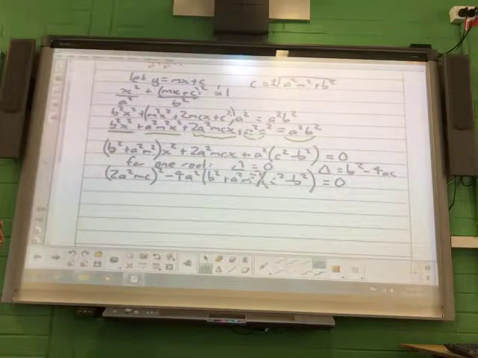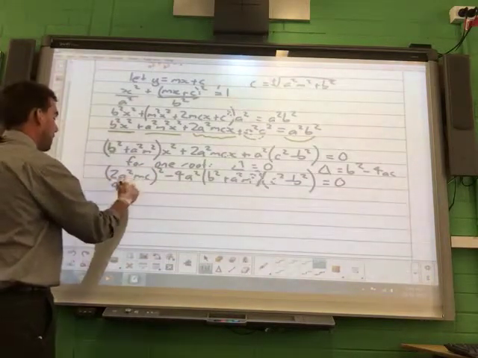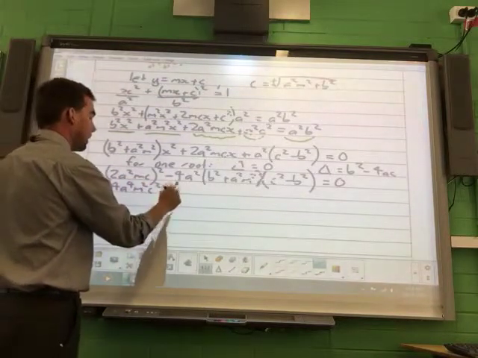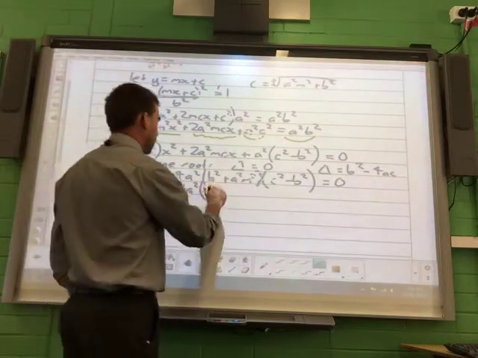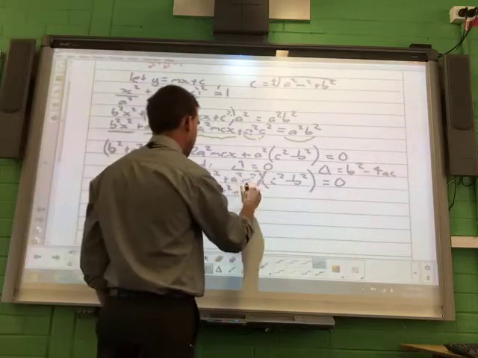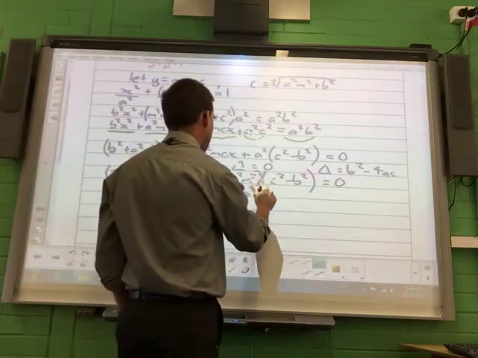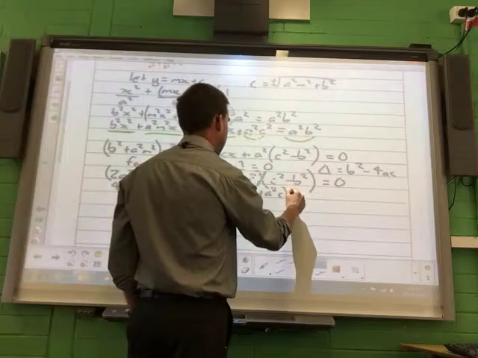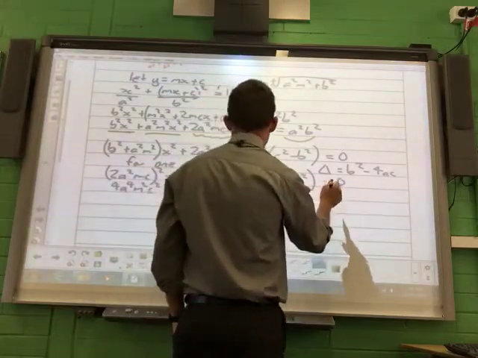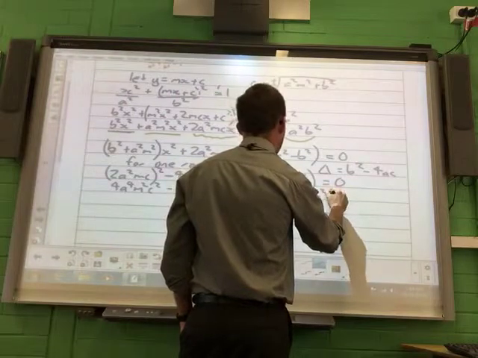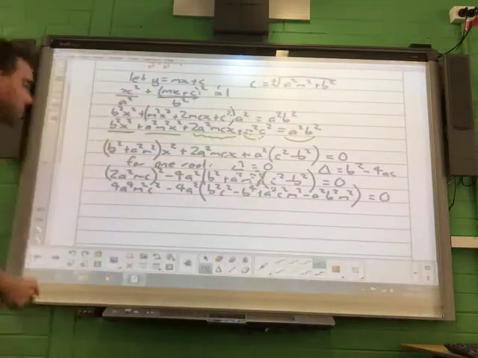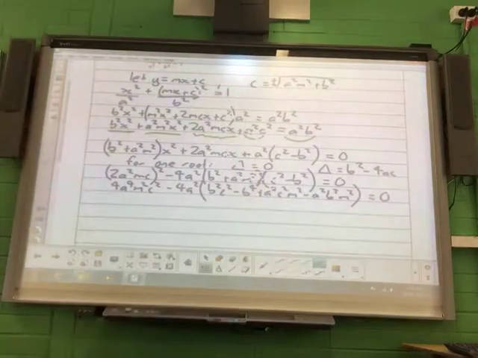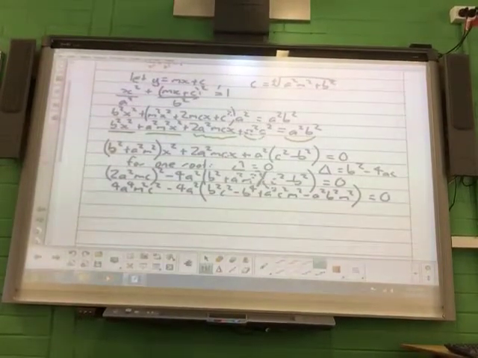Right, so we need to expand out and tidy up. So 4a to the power of 4, m squared, c squared, take away 4a squared, b squared, c squared, take away b to the power of 4 plus a squared c squared m squared, minus a squared b squared m squared, equals 0. Okay. Don't like that. It's too messy. But it will start tidying up in a moment.